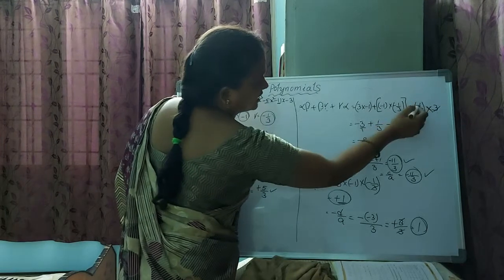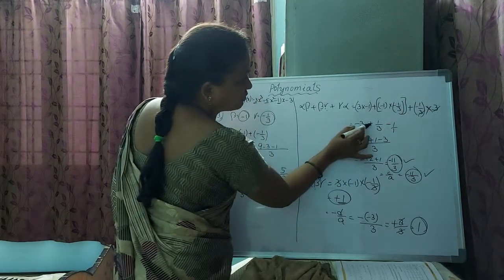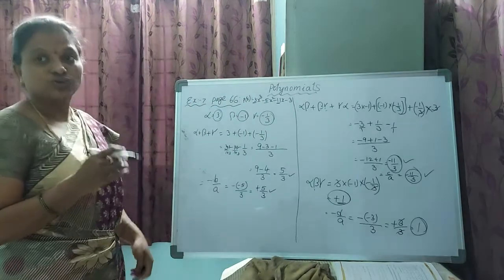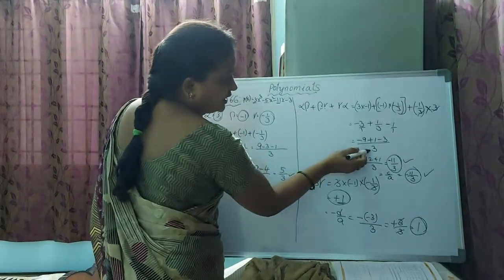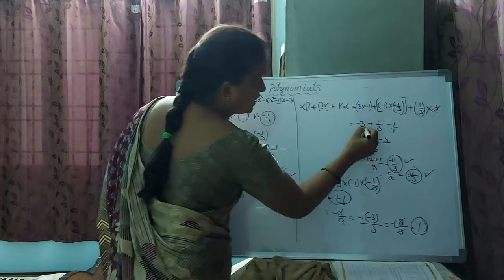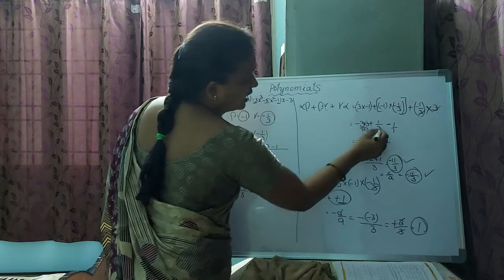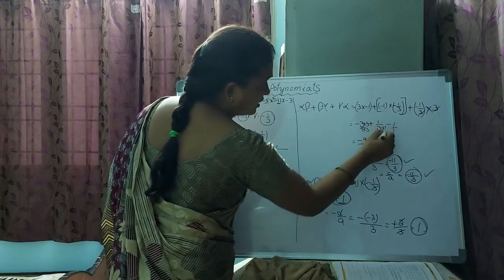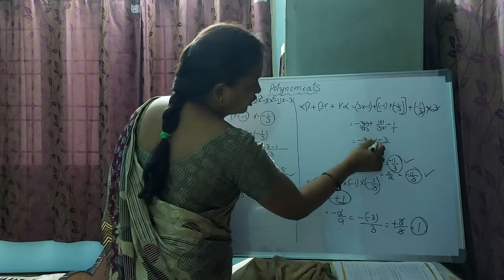Here 3 gets cancelled. Plus into minus is minus, minus 1. So again here minus, plus, minus. No multiplication, so we have to take the LCM. What is the LCM of this? 3. So here 1 threes are 3. 1 threes are 3. 3 threes are 9. Again 3 ones are 3, 3 ones are 3. Here also 1 ones are 1 only.